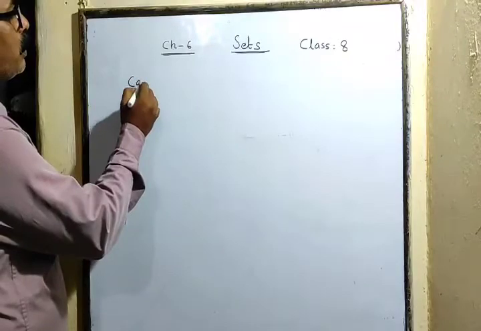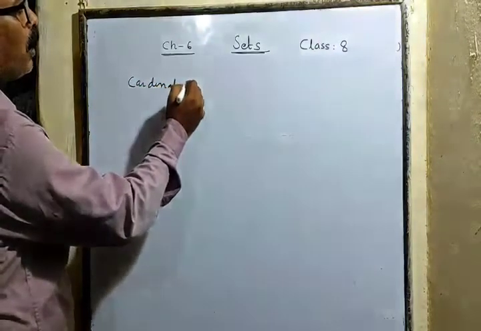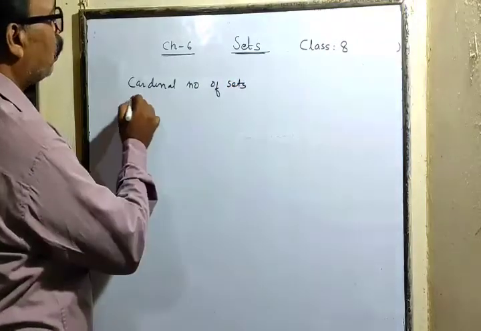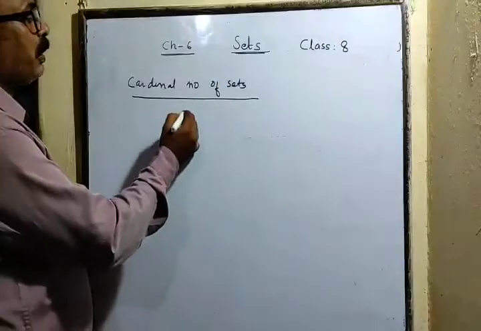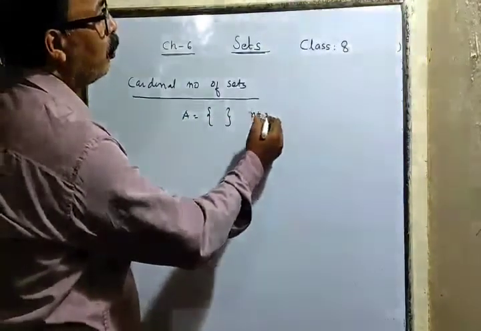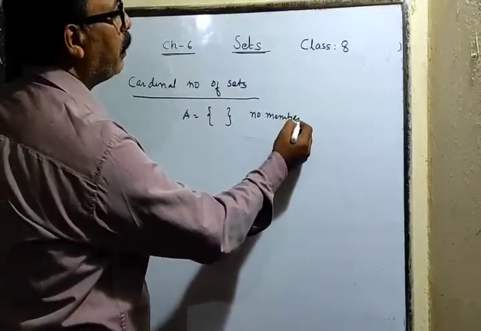So the next topic is cardinal number of sets. Consider a set represented like this. No member is there, so it is a blank set.